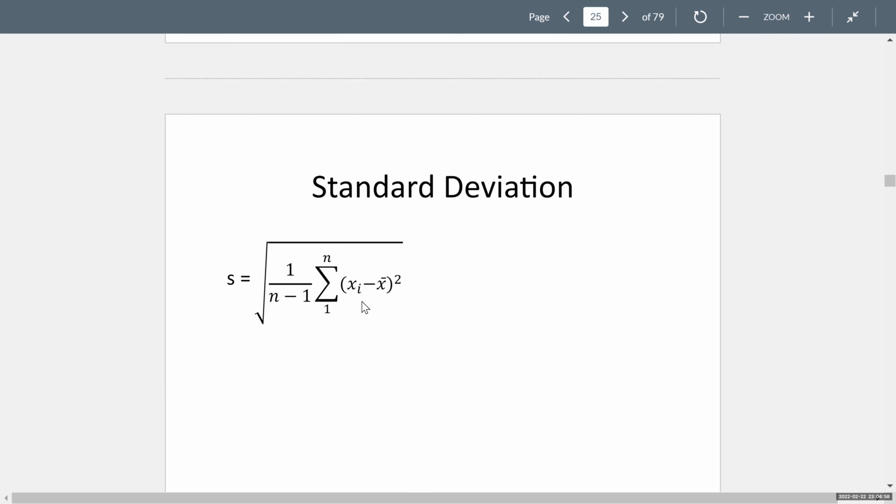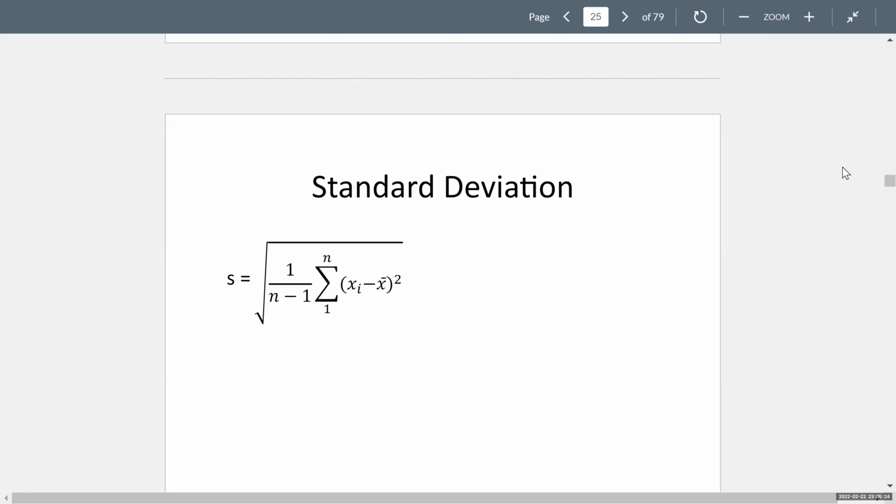If we measured our fish in centimeters, that means we're going to have centimeters squared as our unit here. That's not how we want to present our result. So we're going to take the square root of the whole thing in order to get back from centimeters squared to centimeters.